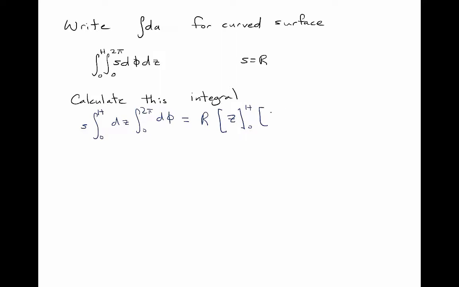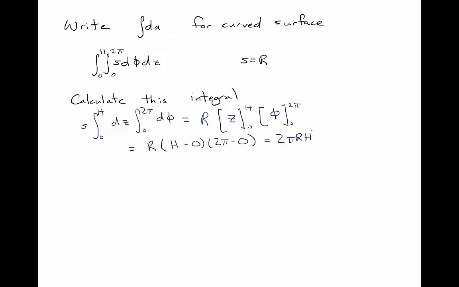We integrate d phi and get phi. Again, this is just the area of the surface of a cylinder: the circumference times the height. You probably already knew that, but I really just want you to see where that comes from.